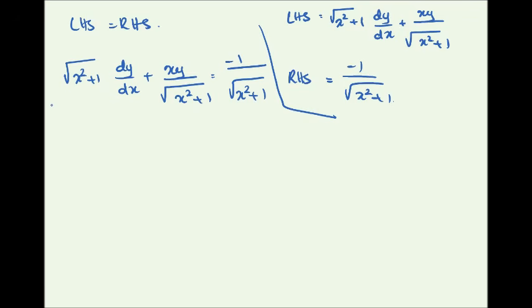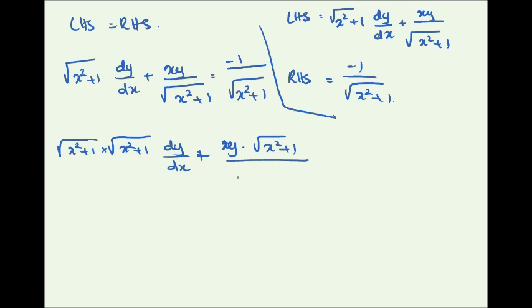Now multiplying the entire equation by √(x²+1), we can write √(x²+1) into √(x²+1) dy/dx plus xy into √(x²+1) divided by √(x²+1), which is equal to minus 1 into √(x²+1) divided by √(x²+1).